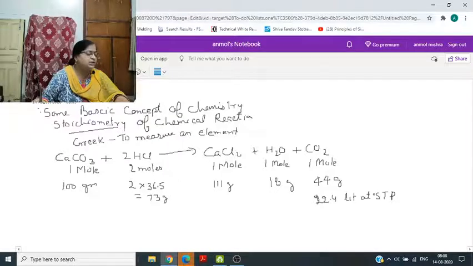Now, the steps involved to calculate the given substances.